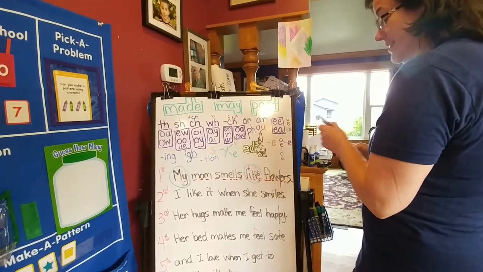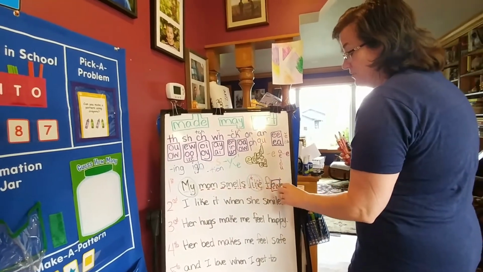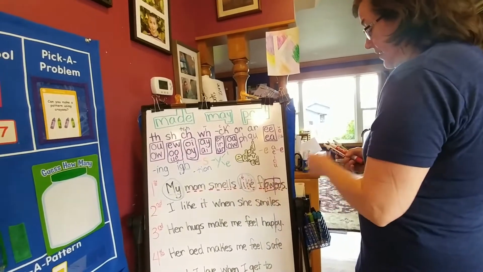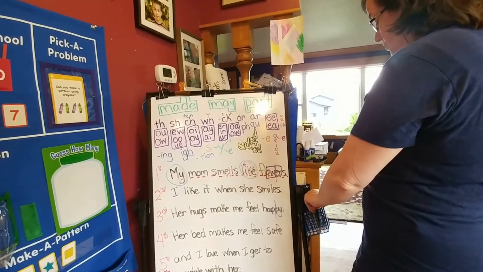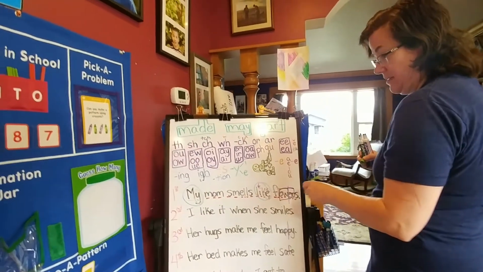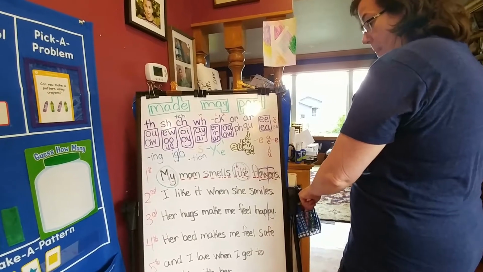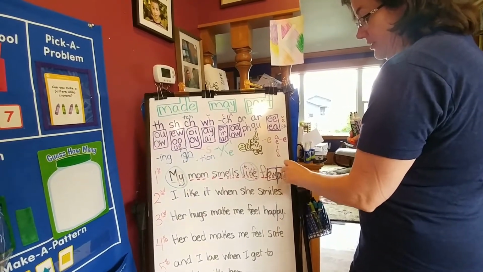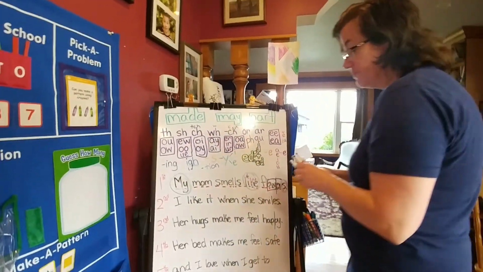I love words like this because it has two beautiful letter pairs and a blend, F-L, and an S at the end, meaning more than one. I gotta find my orange for more than one. Words like flowers I love because they got all those letter pairs, all those parts.